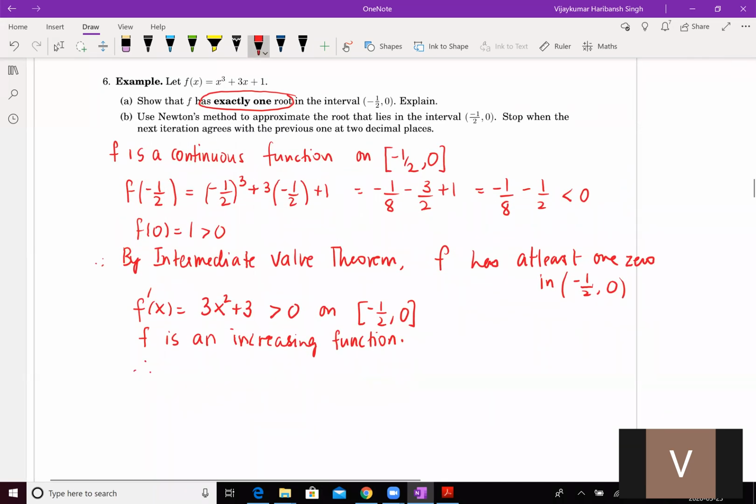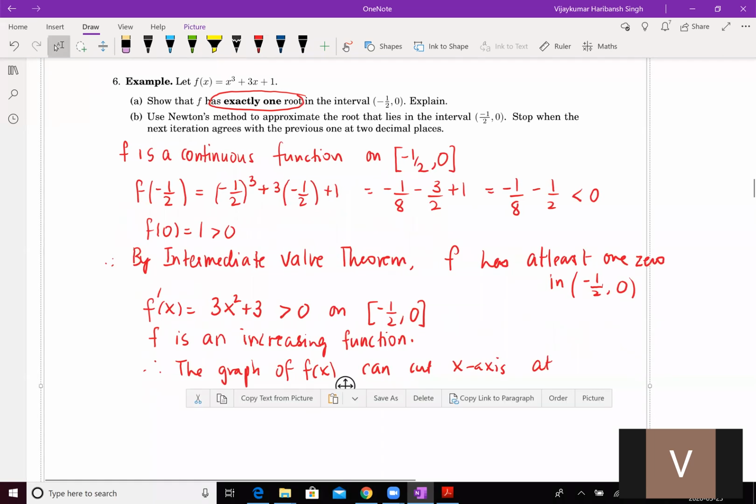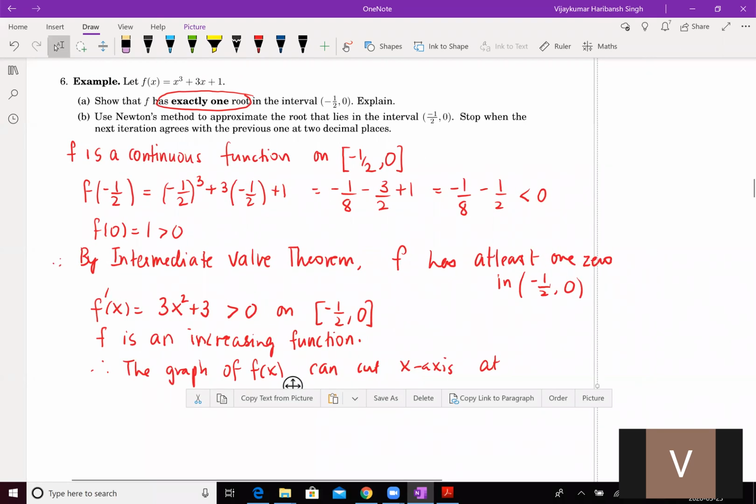Therefore, the graph of f of x can cut the x-axis at most once, right? If something is an increasing function, it can only cut the x-axis at most once.